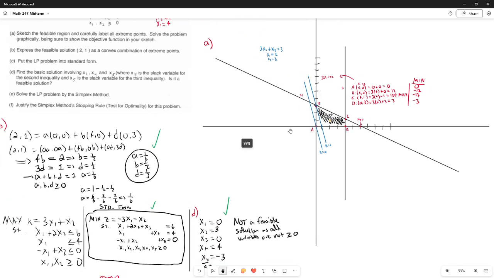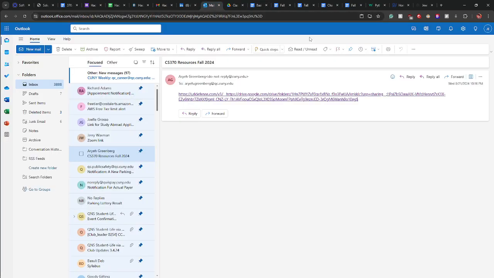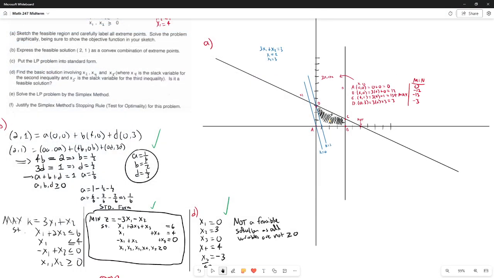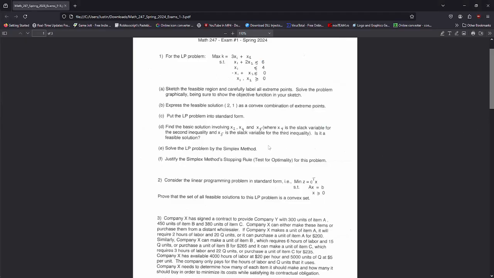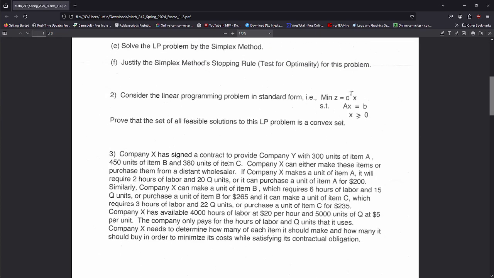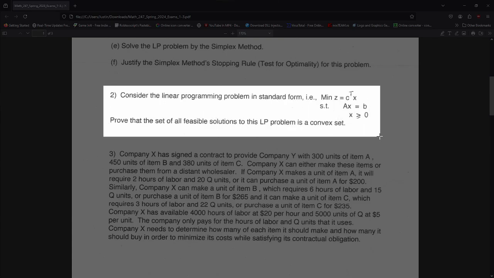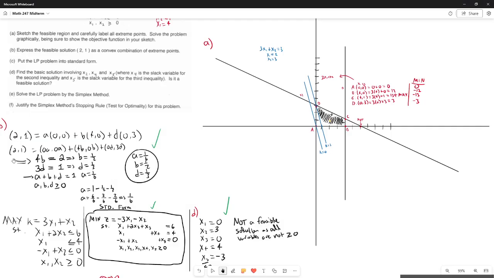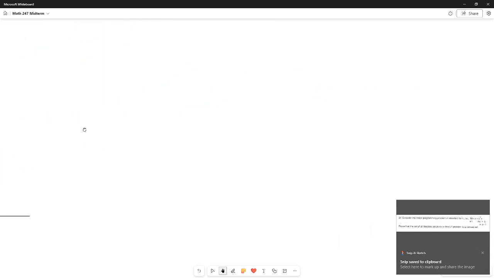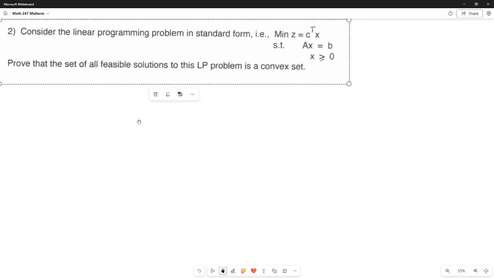Now, let's check out the other ones. Oh wait, where is it? Okay. So this is number 2. Now, I did this one before. I don't entirely understand it. I'm going to have to try to vaguely go off my memory, but we'll see how it goes.